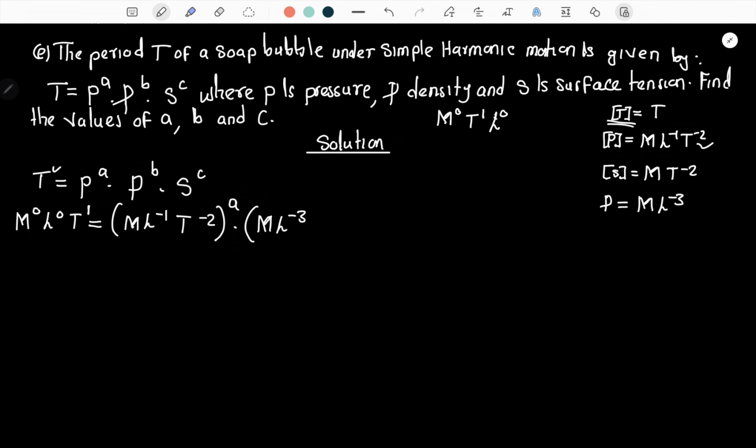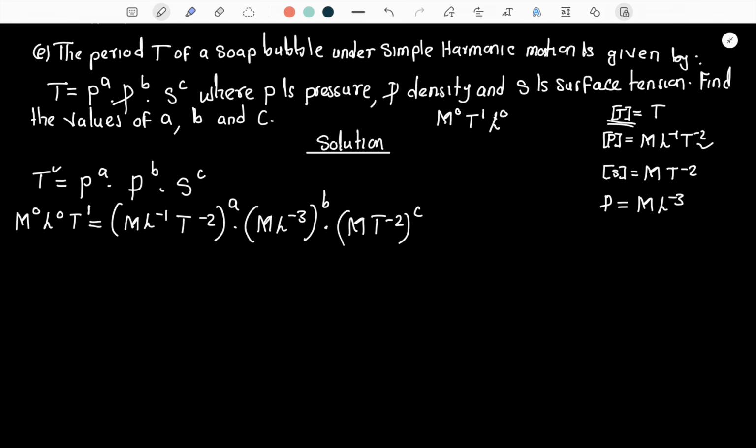While you're replacing, just put what you have. Don't put to the power 0 or something. Just go on like that. How about surface tension? Surface tension is simply M T to the power negative 2, to the power C.